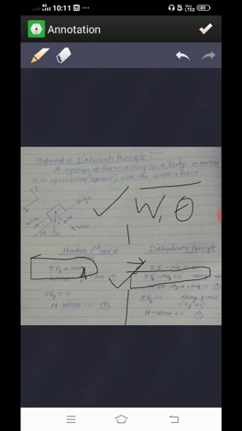Then mu k is the kinetic coefficient of friction. N is the normal reaction, m is the mass of that body, and a is the acceleration in x direction.